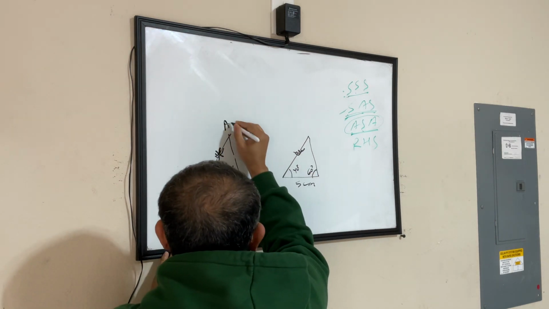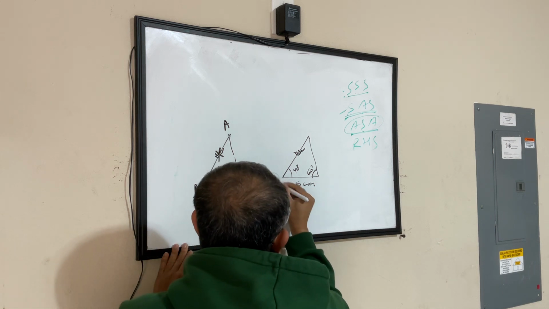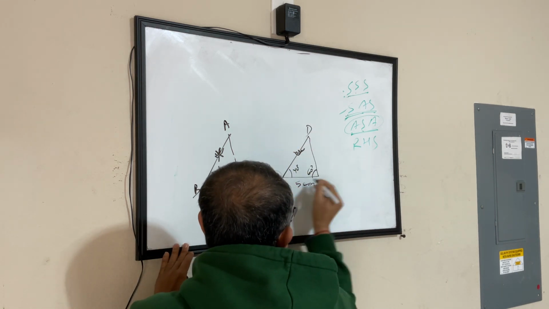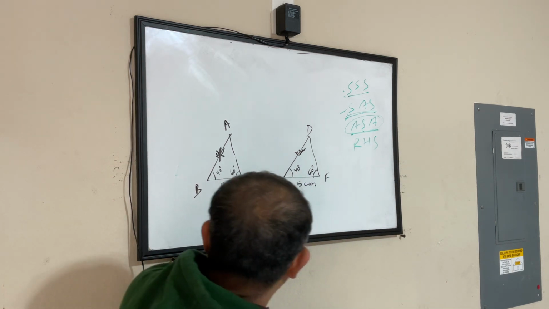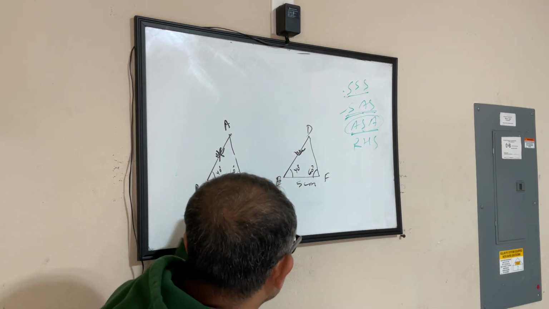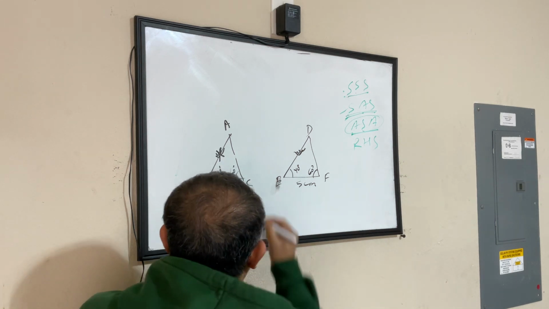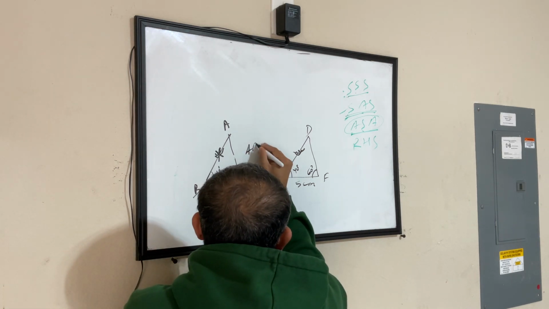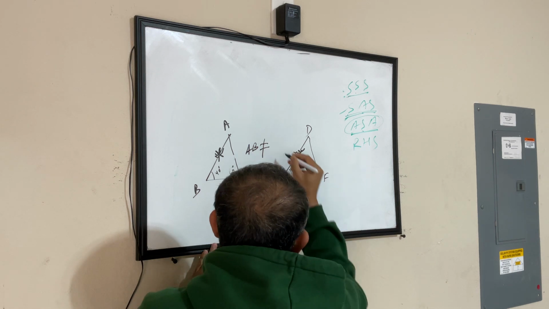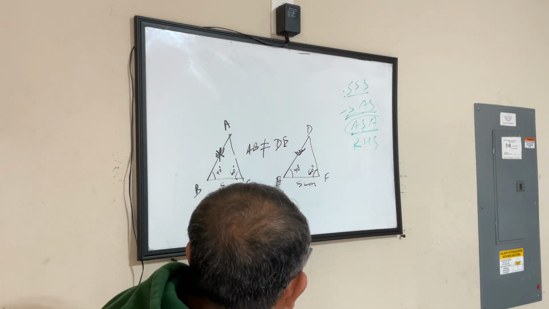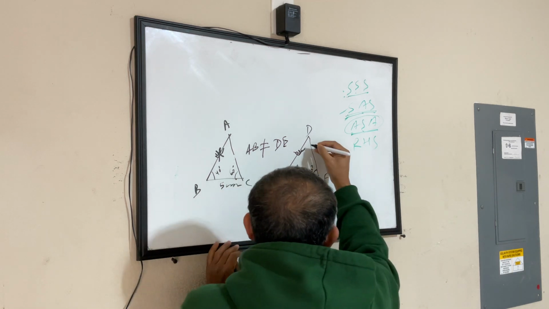Let's say this is A, B, C, this is D, E, F. What we are saying is the angles are matching, fine. This BC and EF are matching, 5 centimeter each. But we are saying that AB is not equal to DE. Meaning we are saying that probably there is a point here.